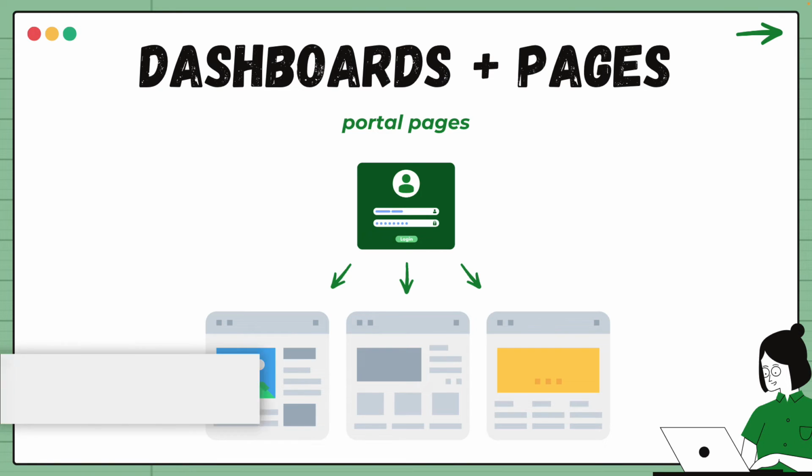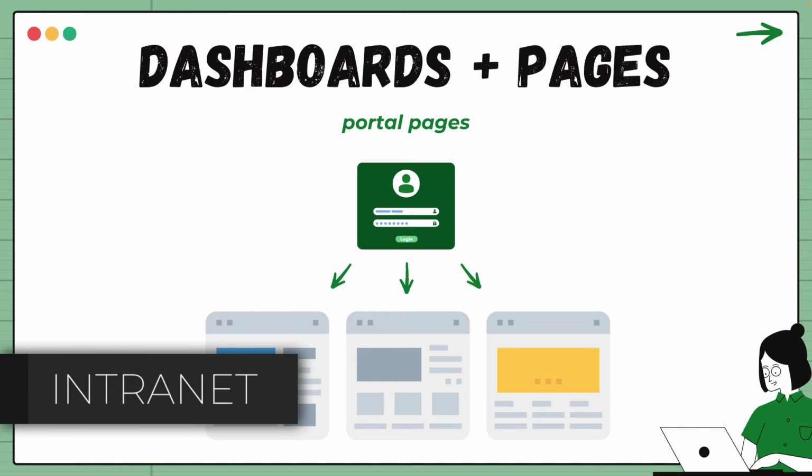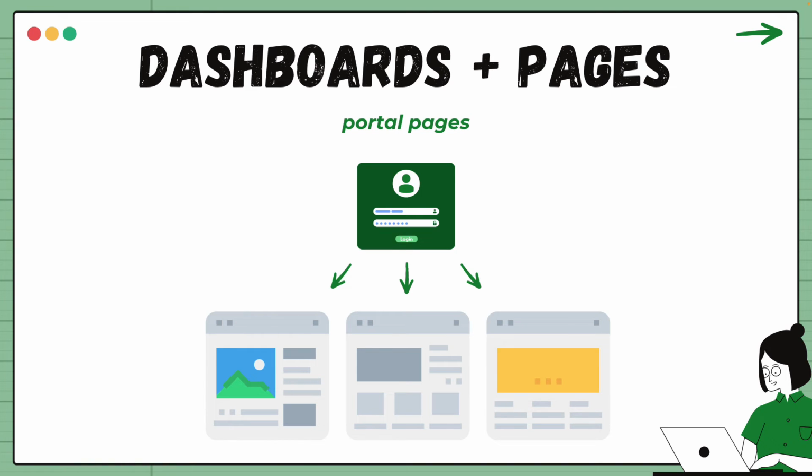If you think in terms of what is typically called an intranet, which is basically a private section of a website with multiple pages, you can create that very easily using portal pages. An example might be if you sold a product or service that had 10 pages of information and instructions and diagrams and pictures that needed to go along with it.